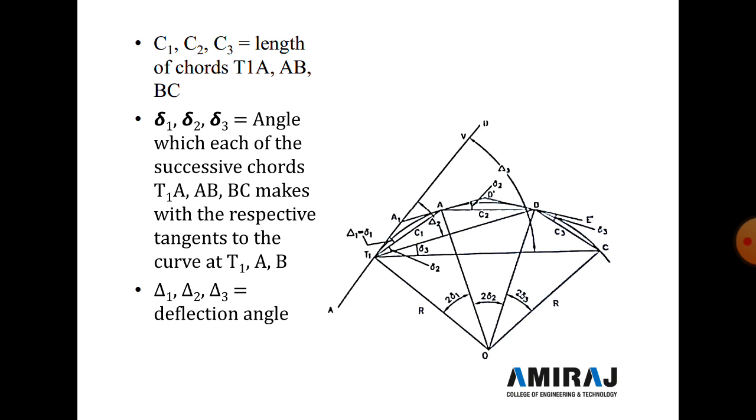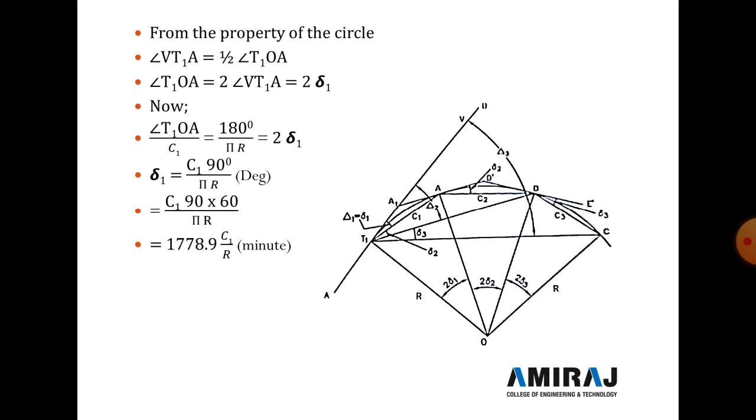Delta 1, delta 2 and delta 3 are the angles of the successive chords T1A, AB and BC, which they make with respect to the tangent of the curve at T1, A and B. Delta 1, delta 2 and delta 3 are deflection angles. These three angles are the deflection angles of the particular points.